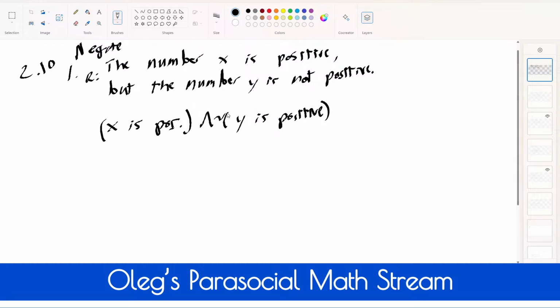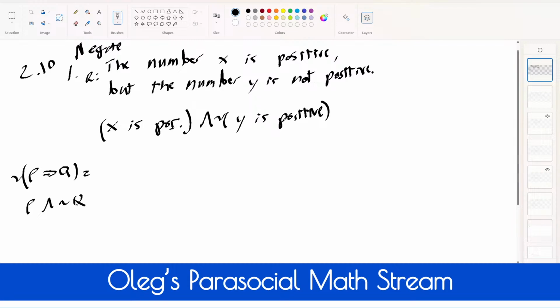So remember what we talked about, how we said P implies Q, and the not of P implies Q is also P and not Q.